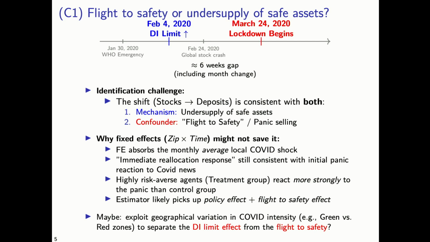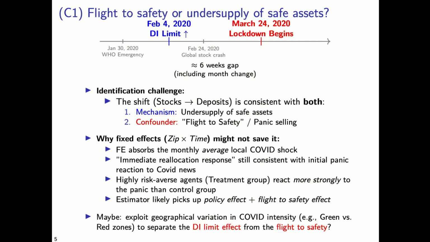So as highly risk-averse agents, the treatment group reacts more strongly to the panic than the control group. Therefore, the estimator might pick up both the policy effect that still might be there, as well as the flight to safety. This is hard, given one needs really super granular data, but maybe one could exploit geographic variation, which the authors have in COVID intensity.